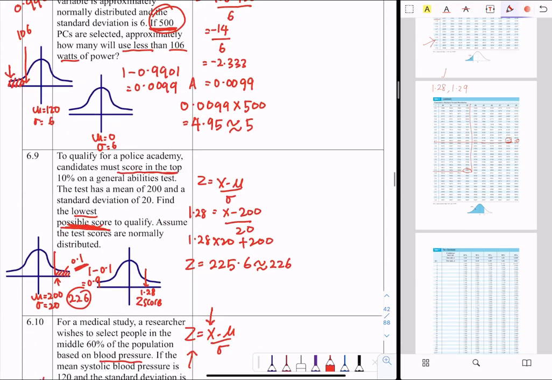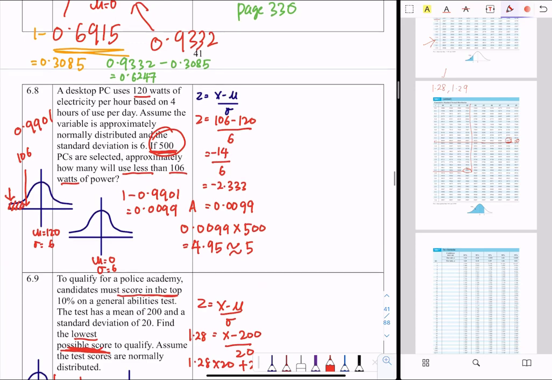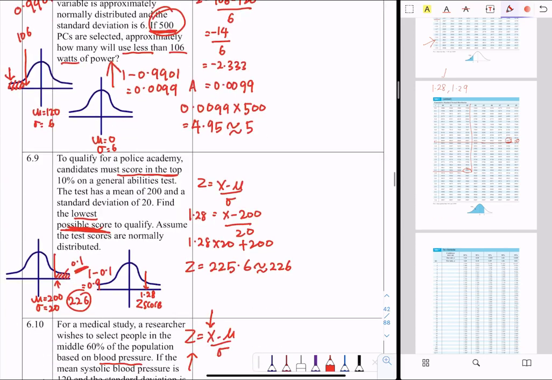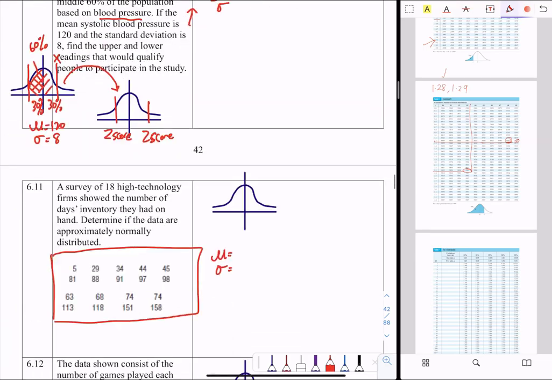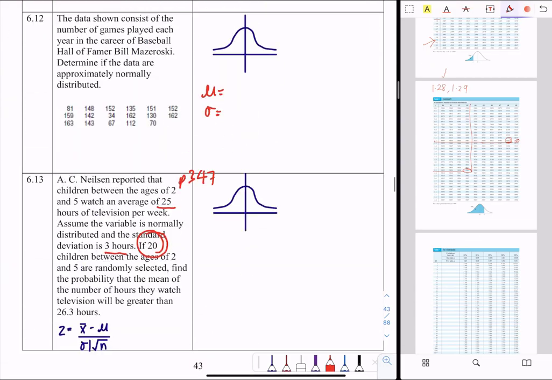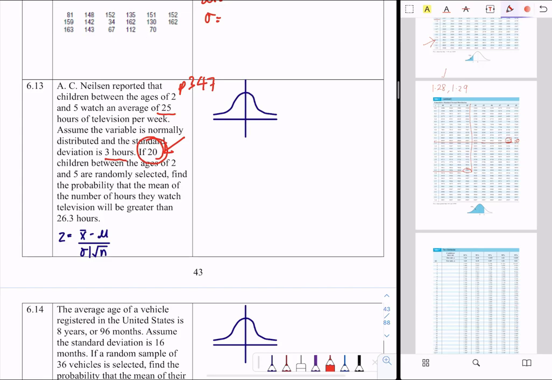Everything above involves the population. But here they give a number of samples. They want you to check whether the children watch television greater than 26.3 hours, that is, whether the new data set shows that the children watch more than 26.